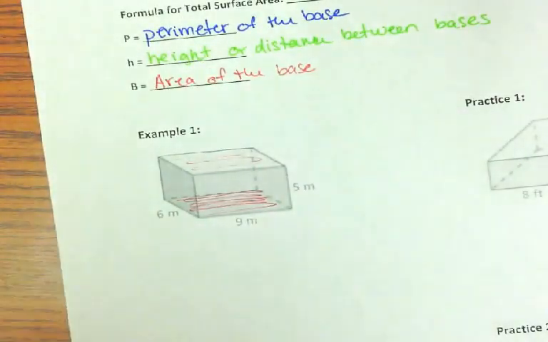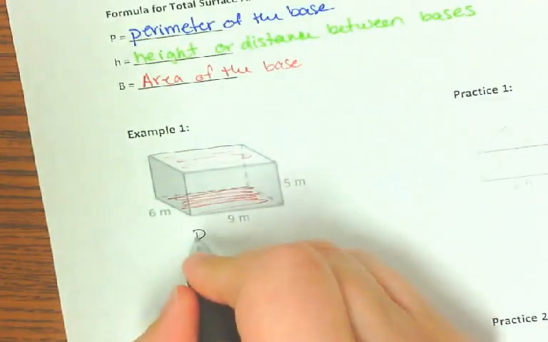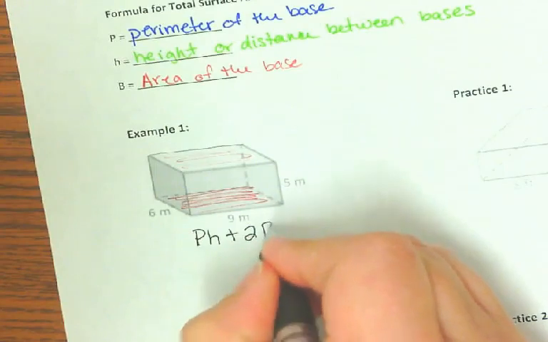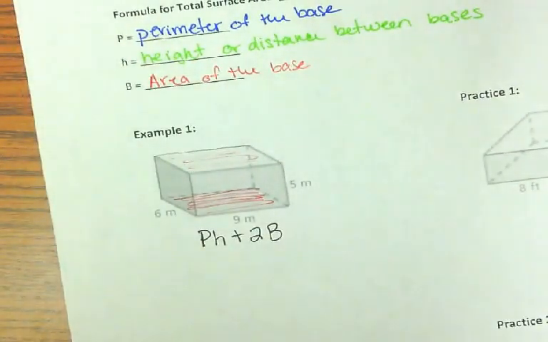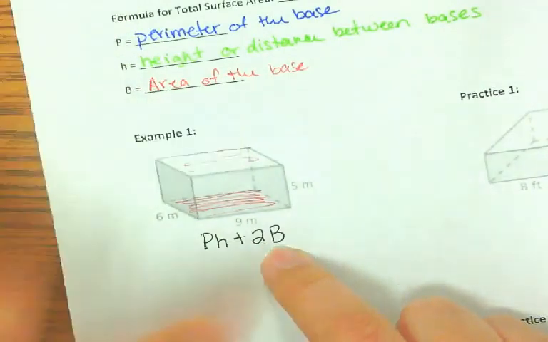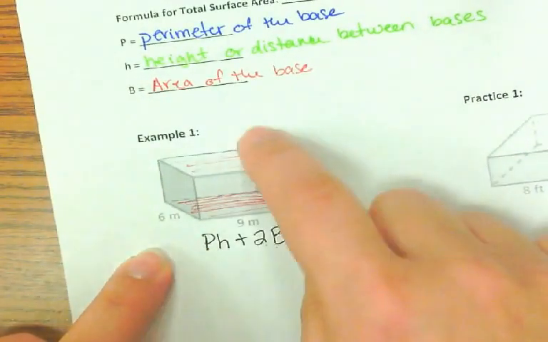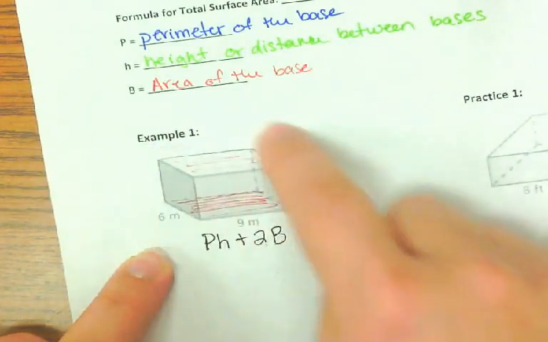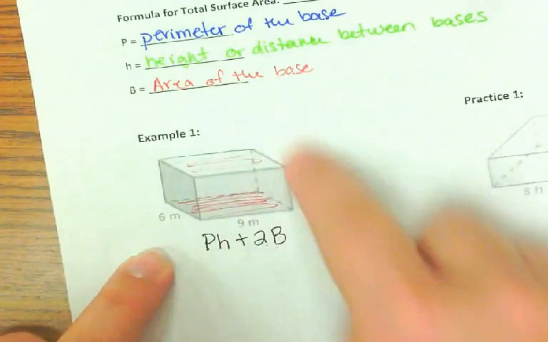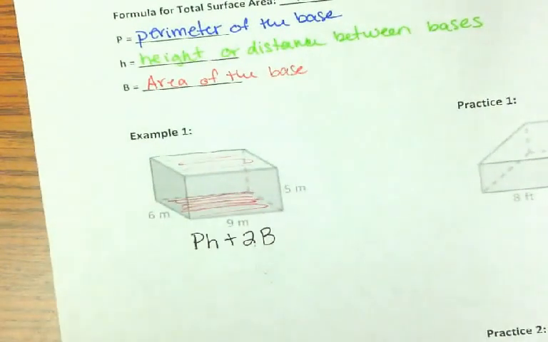So I have the perimeter of the base times the height plus 2 times the area of the base. I'm finding the area of both bases, that's why it's 2 times the big B. When I find the perimeter, it's giving me the distance around the sides, so when I multiply by height, it's going to give me the area of all of those faces.